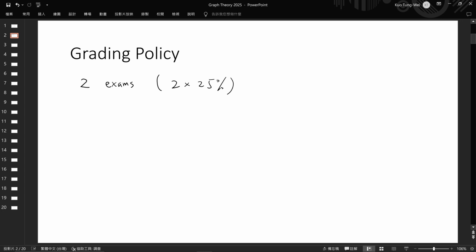Before every exam, there will be an assignment, so we have two assignments. The purpose of these assignments is to help you understand the material and to let you practice some of the problems that you may see in the exams.